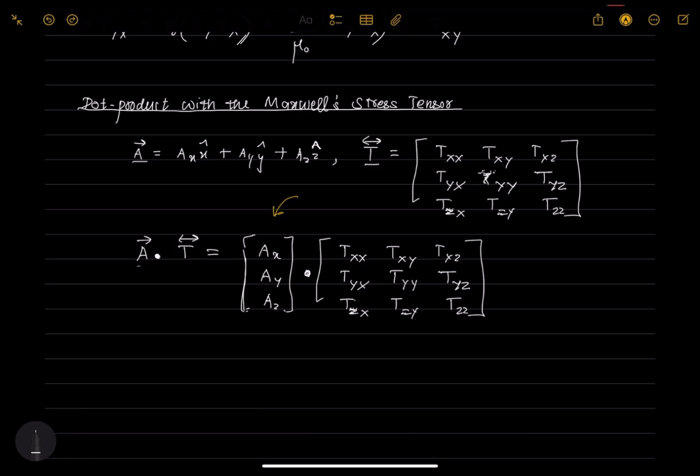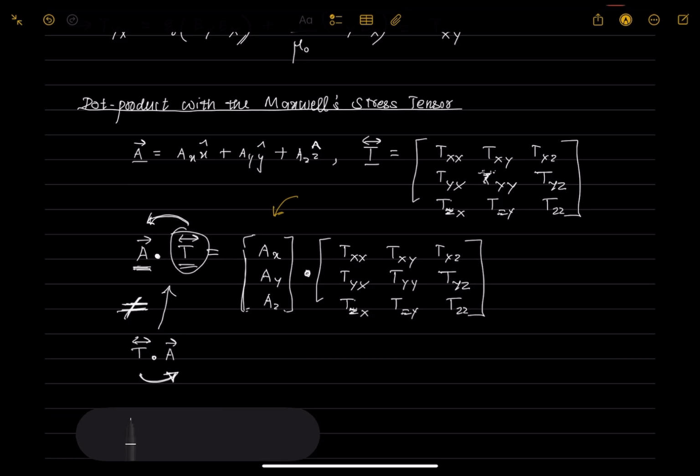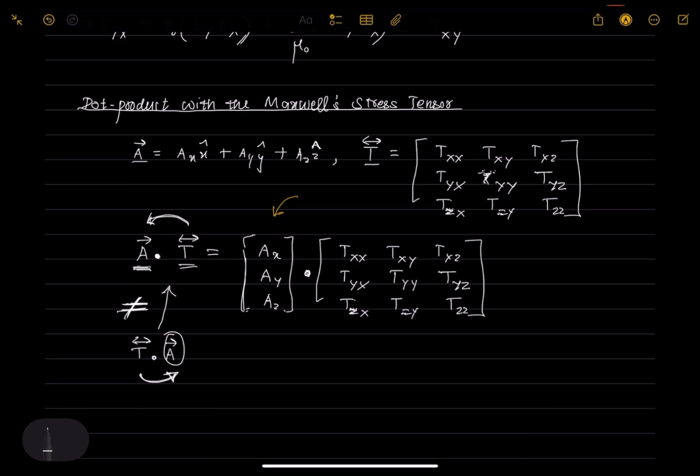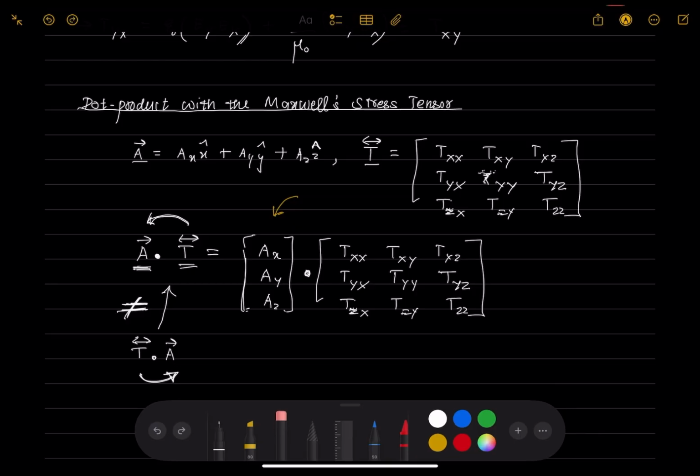We can either write the vector to the left and the tensor to the right, or the tensor to the left and the vector to the right, and these are not the same thing. For a tensor, the order of notation matters. It matters where relative to the tensor quantity you write the vector before taking the dot product.